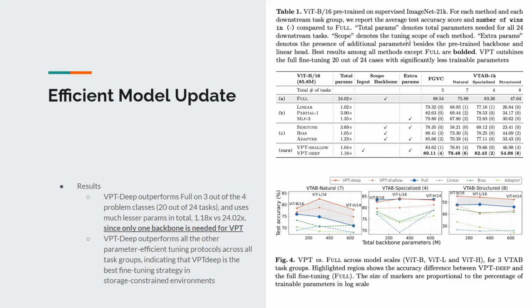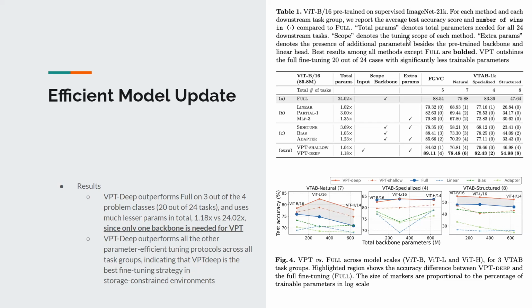If I only need to update the prompts and keep the backbone frozen, the company just needs to keep one copy of the big backbone, and the different teams just maintain their prompts, which is way, way smaller, like 100,000 times smaller. And even with that, you would think that we would not beat full fine-tuning. We did. We beat full fine-tuning.